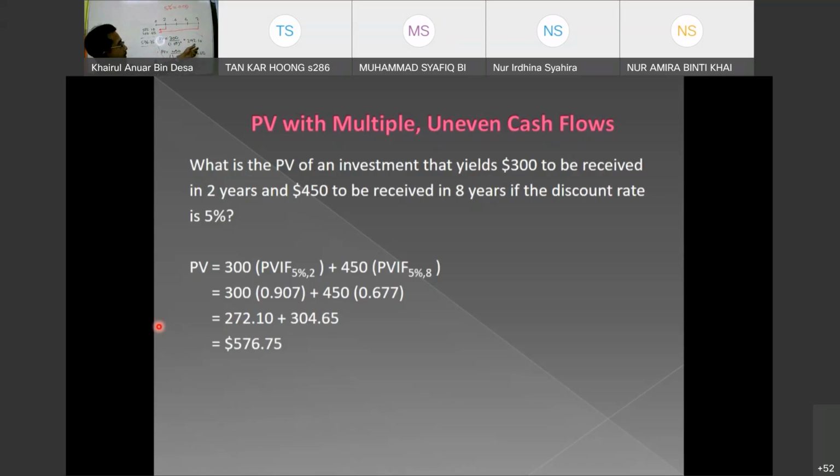Kemudian tambahlah result number 1 and result number 2, and this is the final, the total grand result. Kalau dalam bentuk timeline, dia akan berada di tahun kosong nilai inilah. Okay, dapat? Dapat, sir. Thank you.